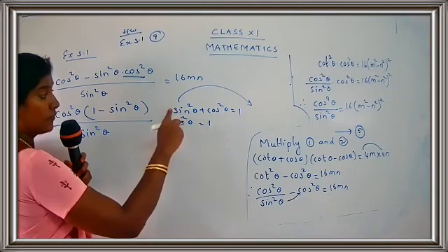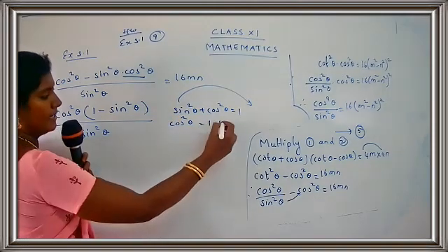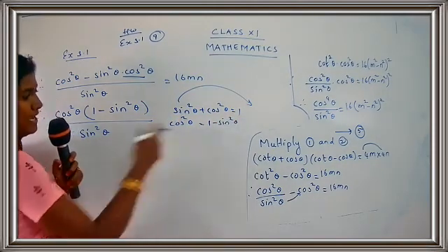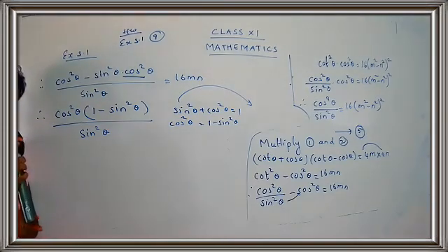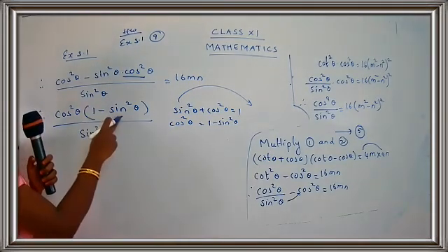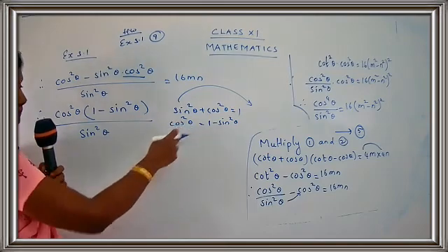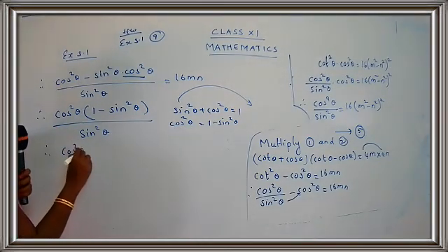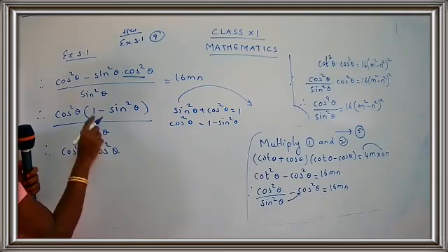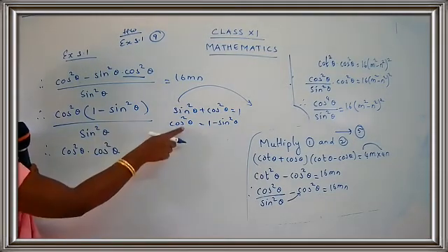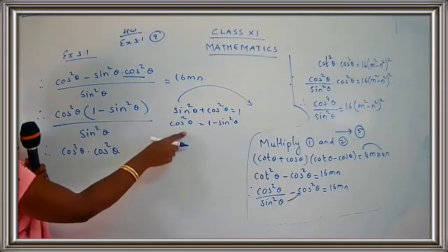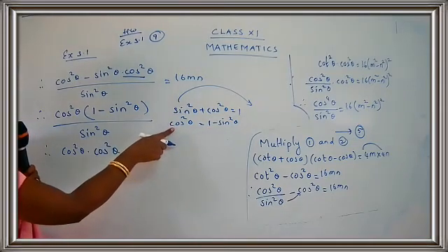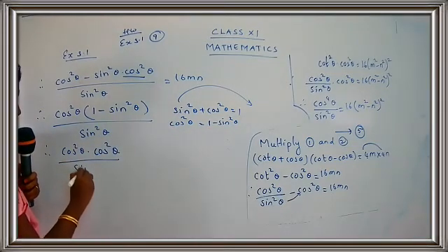This is plus. So when plus goes to that side, minus sin square theta. So what do I get? Cos square theta is equal to 1 minus sin square theta. So what is the value for 1 minus sin square theta, children? It's cos square theta. 1 minus sin square theta is equal to cos square theta upon sin square theta.